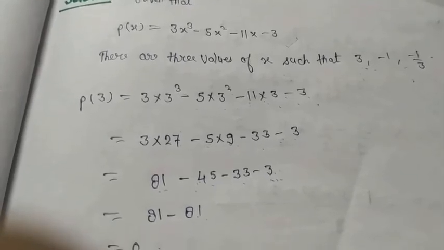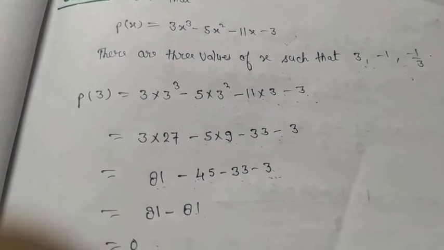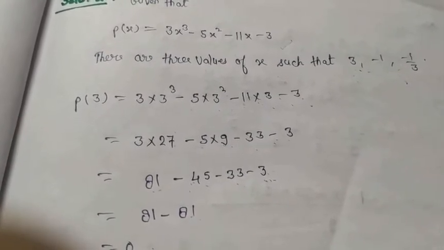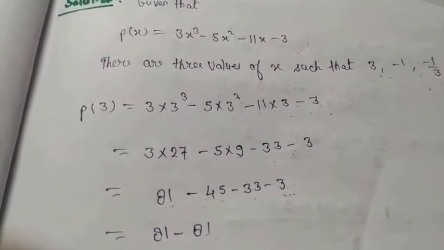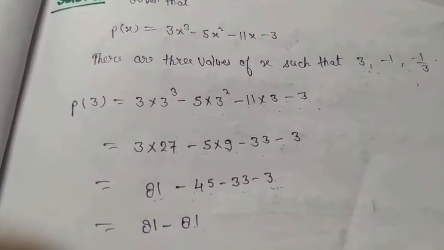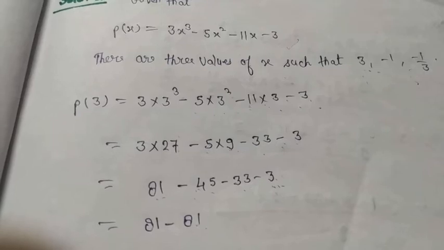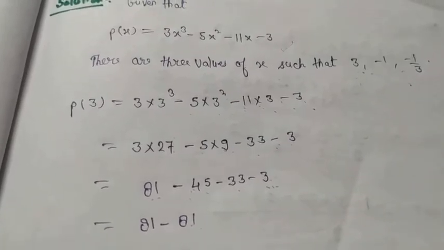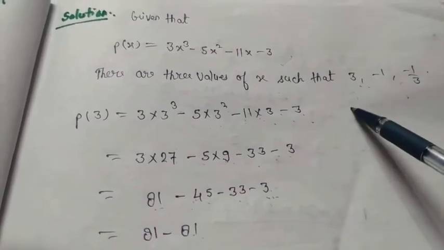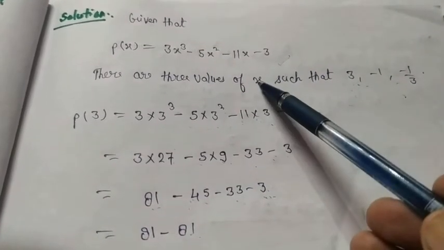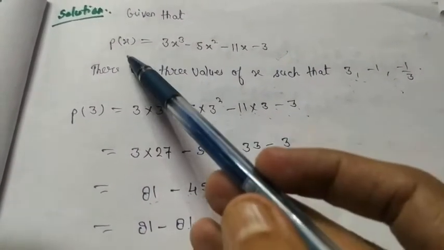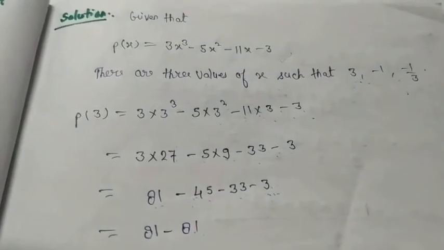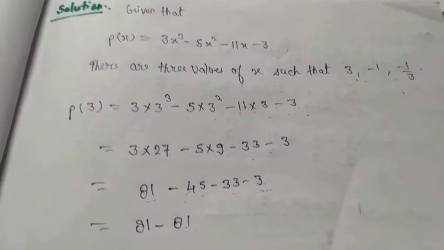First, we have to verify whether the given number is a zero of the polynomial or not. So you will put the values of x one by one in the given polynomial. I have put first 3 in the given polynomial, in place of x.